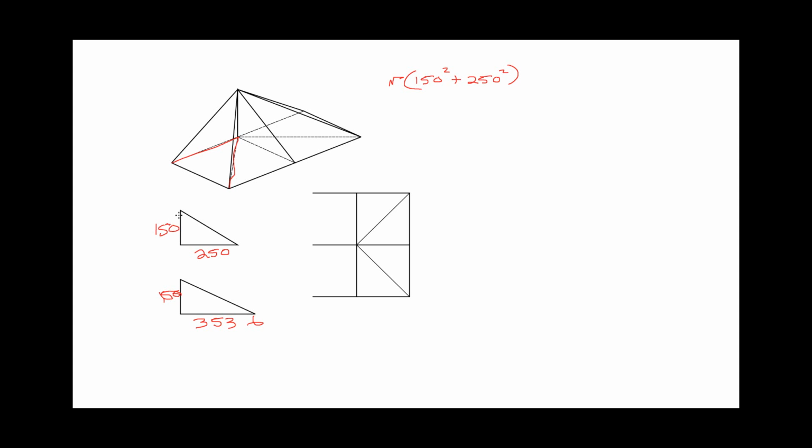That will give us the hypotenuse for this one. Likewise for our hip: square root, open bracket, 150 squared plus 353.6 squared, close bracket. I'll go ahead and calculate those out.